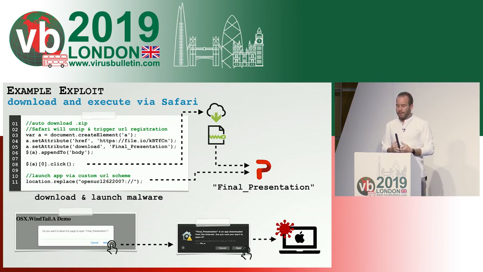Now, this means there's an application sitting on the file system. macOS notices this and parses the application, and because it broadcasts that it supports a custom URL scheme, macOS will automatically register it. Once this has happened, the web page via JavaScript will make a request to launch or open this app via the custom URL scheme. Now, if the user clicks allow on the displayed pop-ups, the malware will be executed and the user will be fully infected.